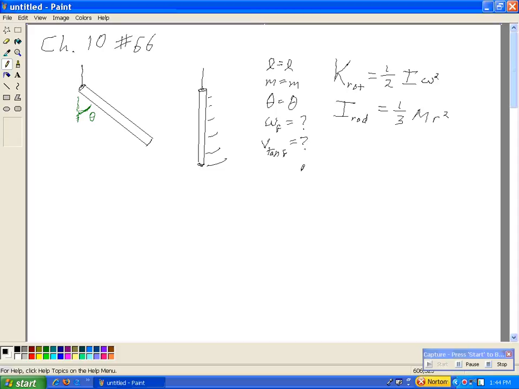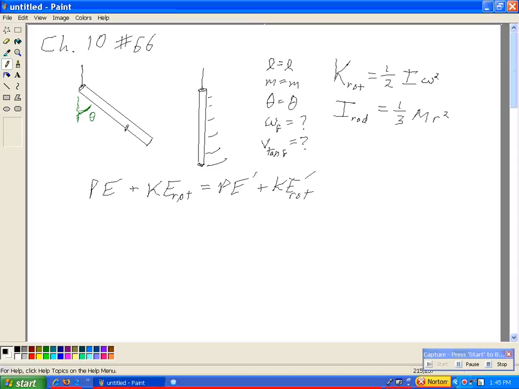Now, for the formula we would use conservation of energy. Potential energy before plus the kinetic energy before, but in this case it's purely rotational, equals potential energy after plus kinetic energy after.